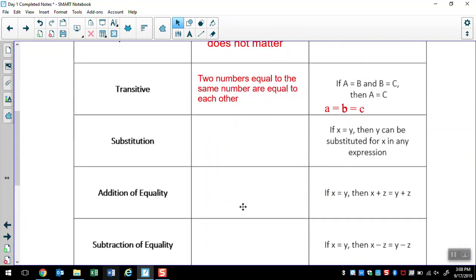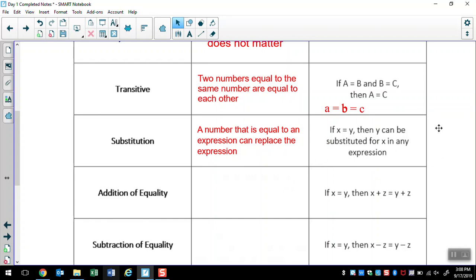All right, substitution. Now this one we do talk about a lot when it comes to solving equations. So substitution is just saying that a number that is equal to an expression can replace the expression. So if x equals y, then y can be substituted for x in any expression.